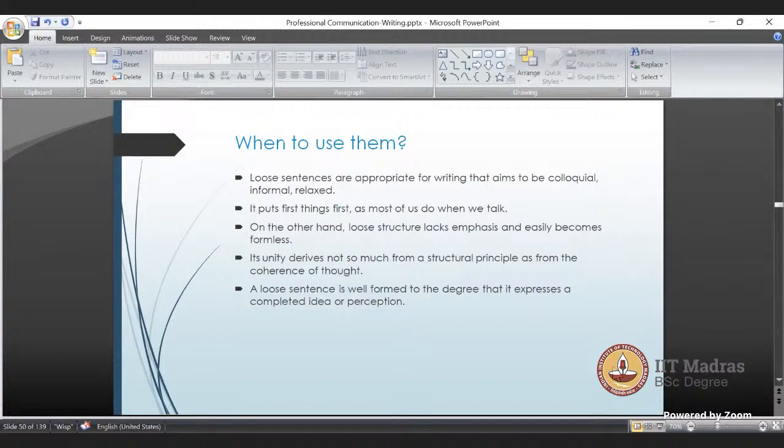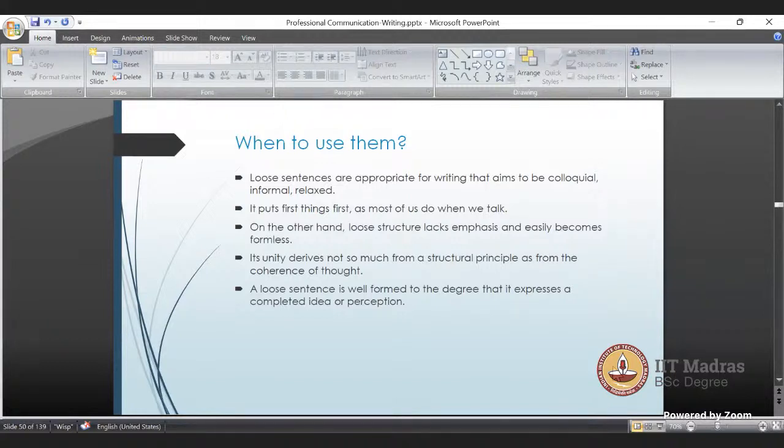Okay, I want this thing done first, hence I'm going to place this as my first part. Okay, and I'm going to encode that in the main clause of the sentence. Okay, so this is usually the style that you use when you talk. Okay, I want to get this thing done quickly. Okay, so usually in forms of commands or when you give instructions, you tend to use such loose structure mostly.